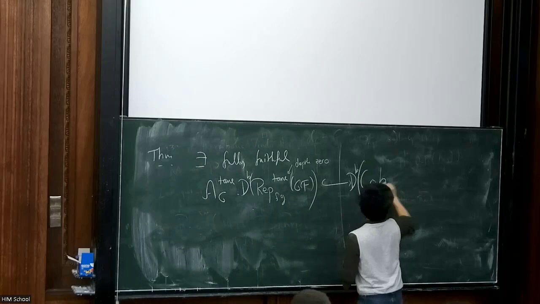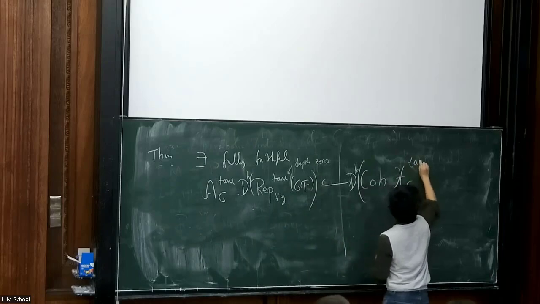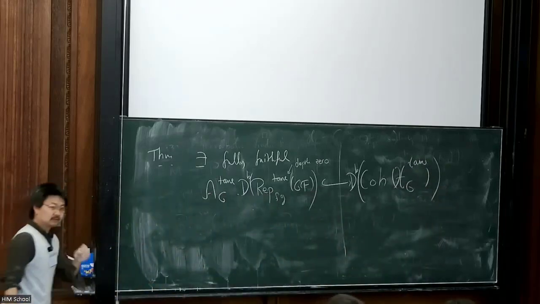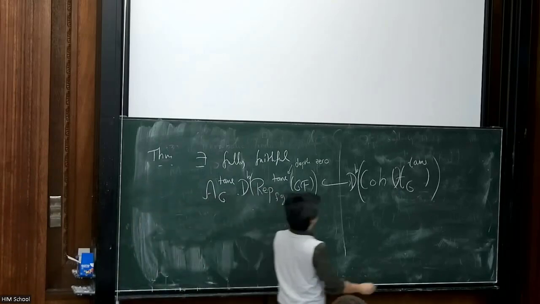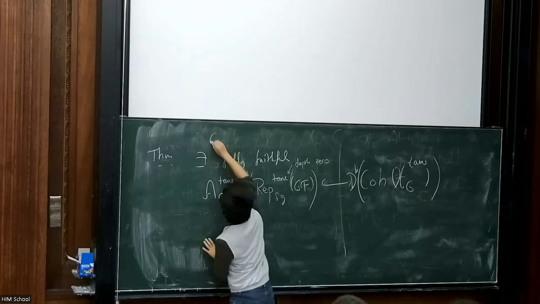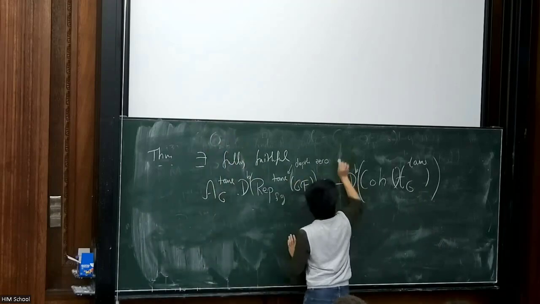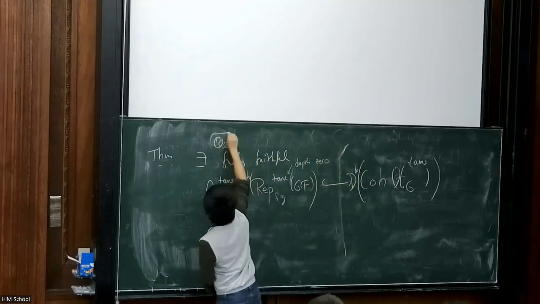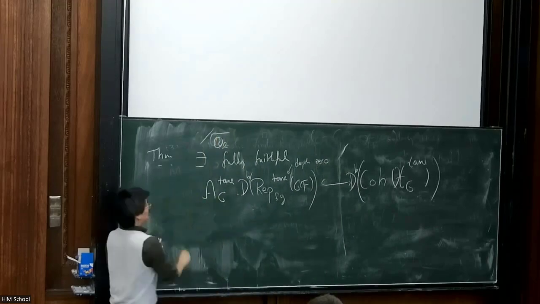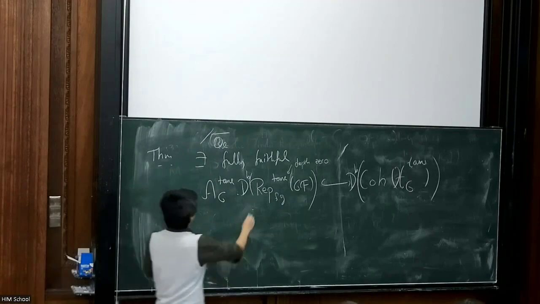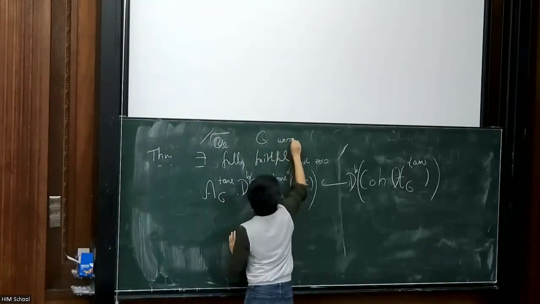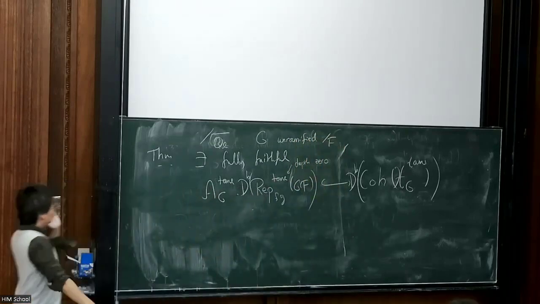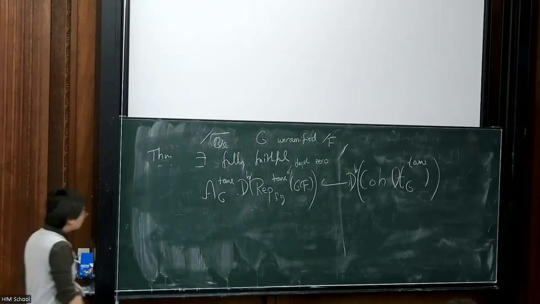There exists such a fully faithful functor over QL. Also, G is unramified over F.